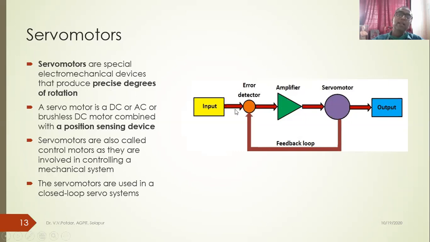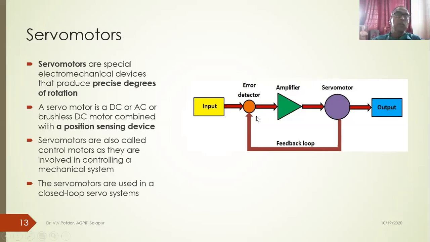So the set angle is 30 degrees, the present angle is 28 degrees, so plus 2 degrees of error in angular position. That signal will be converted into an equivalent electrical or electronic signal, amplified, and given to the windings of the servo motor. Accordingly, the servo motor will change its angular position till the error becomes 0.